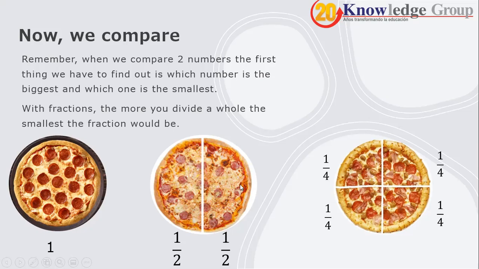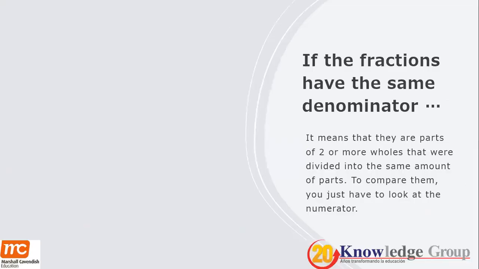These pieces are smaller than the one that was divided into only 2 parts. Okay? So you're seeing this? The more you divide it, the greater is going to be the denominator, but the smaller is going to be the fraction. Okay, so that's a little bit complicated, so no worries, we're going to explain this.